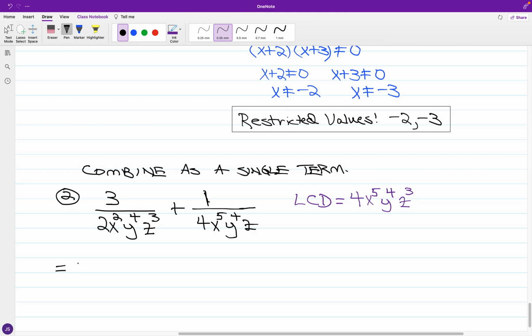Taking the ratios and expressing them in terms of the least common denominator: for 2x squared y to the 4th z cubed, 2 into 4 is 2, and x squared into x to the 5th gives us x cubed.